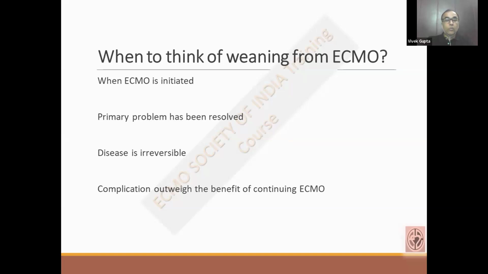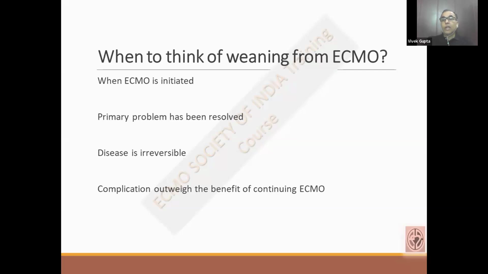This needs to be discussed with the family, whatever method of weaning we are following. At some point, there is a situation where the risk of complication is much higher compared to any benefit the ECMO support can give.